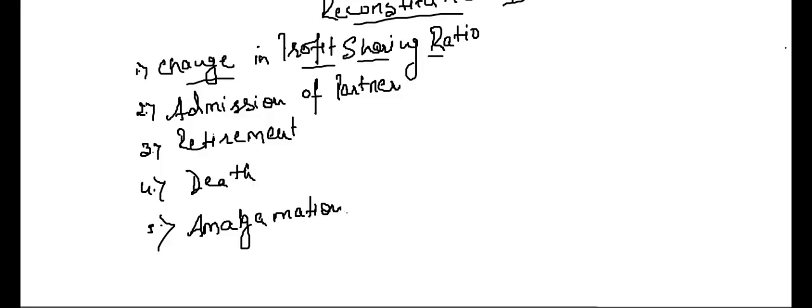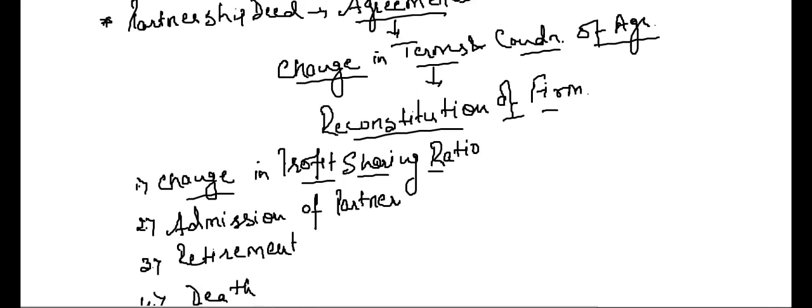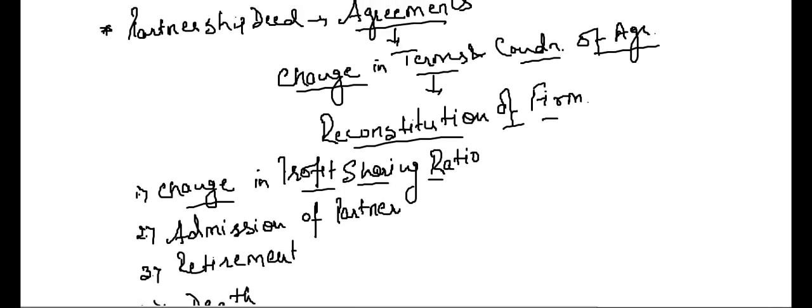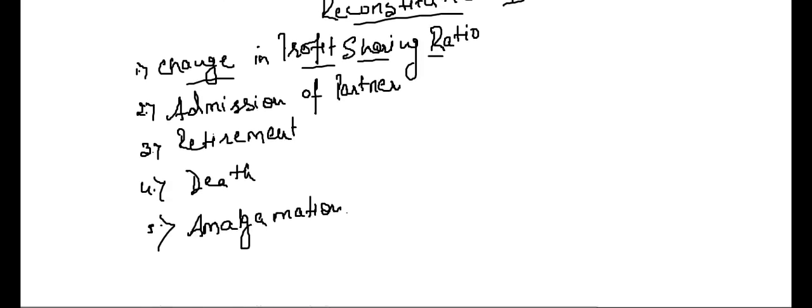In all these cases, there is a change in the terms and conditions of the agreement, so it is reconstitution of firm. Right? And in this chapter, we are going to discuss the first reason for reconstitution, that is change in profit sharing ratio.